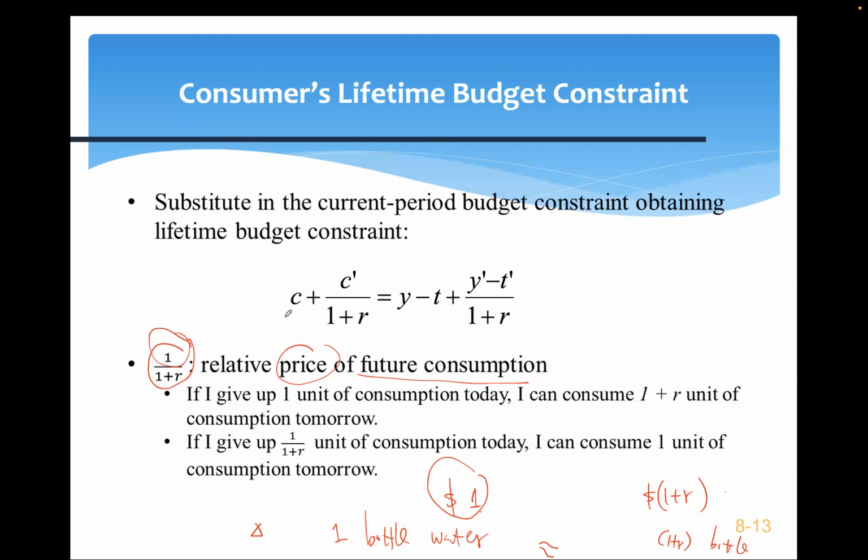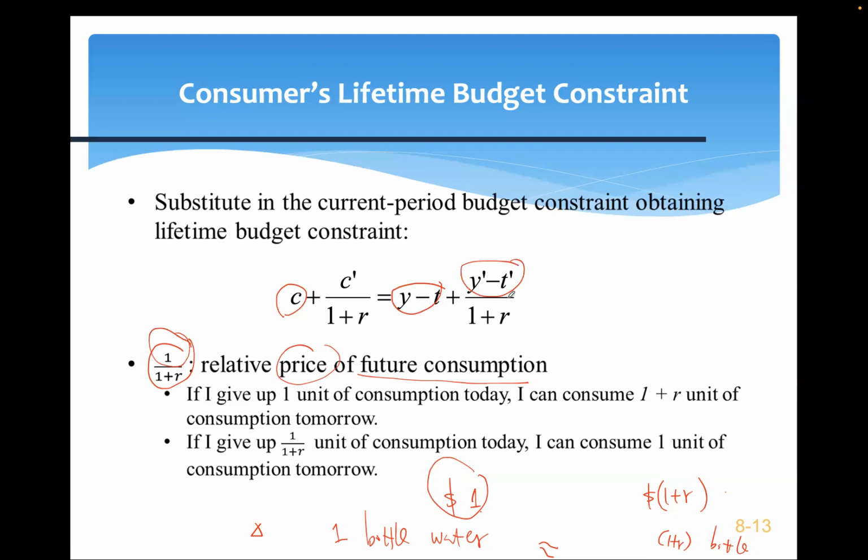Now we understand that. Look at the left-hand side. The left-hand side is the total consumption, C plus C prime over 1 plus R, right? So this is just in terms of today's price. Similarly, on the right-hand side, this is your current income. This is your future income.